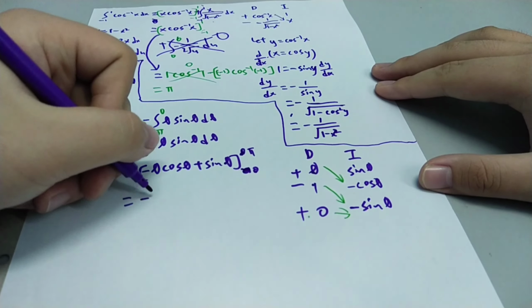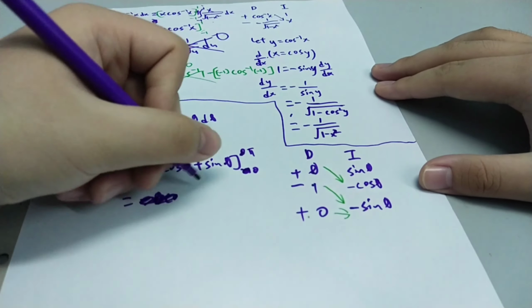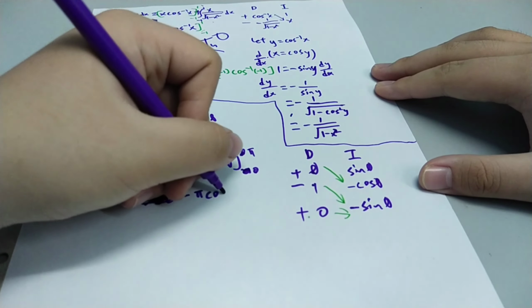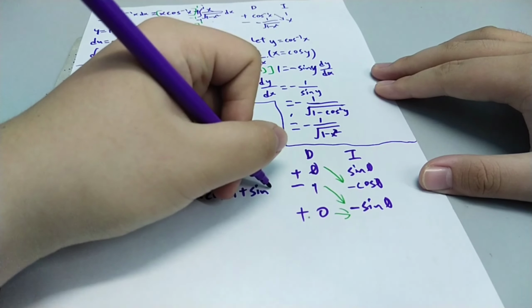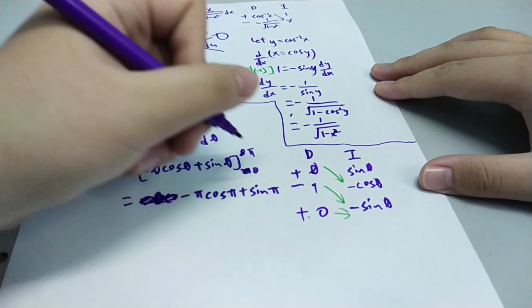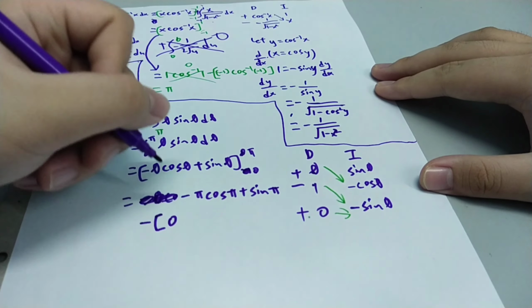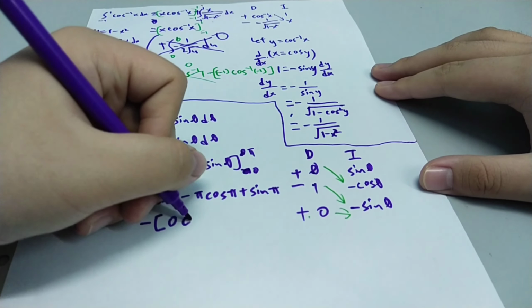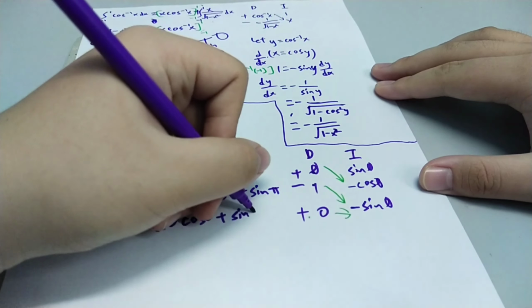So negative pi times cosine of pi plus sine of pi, and then minus 0 times cosine 0 plus sine of 0.